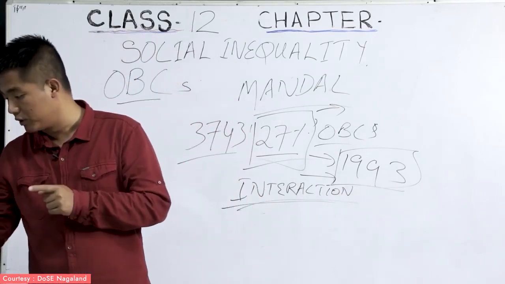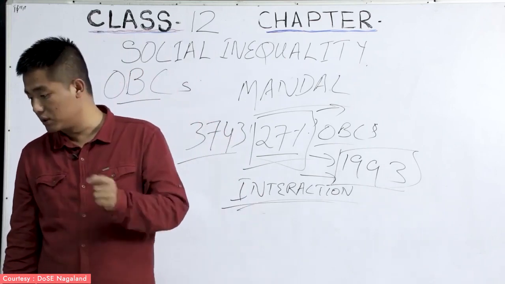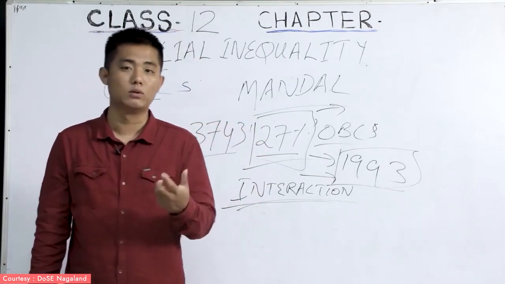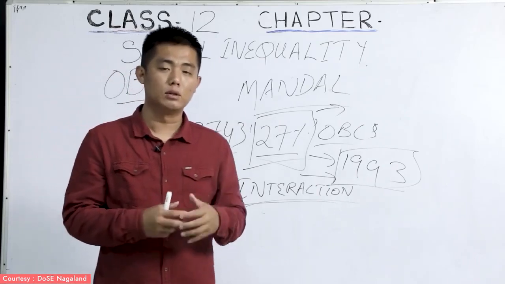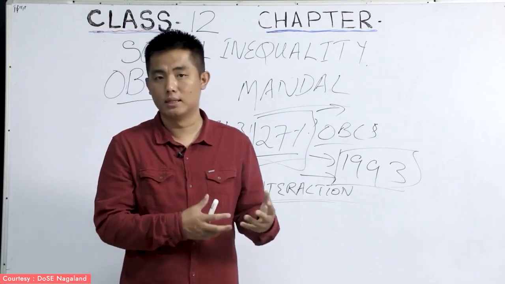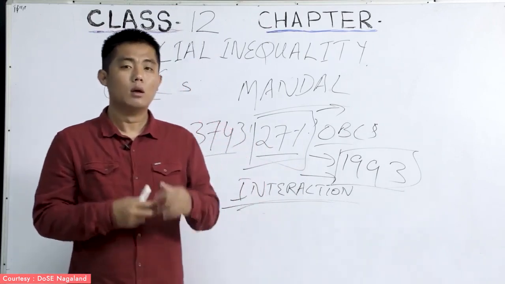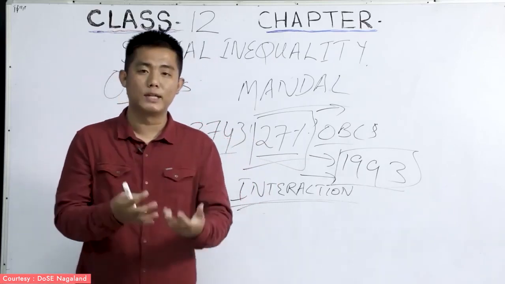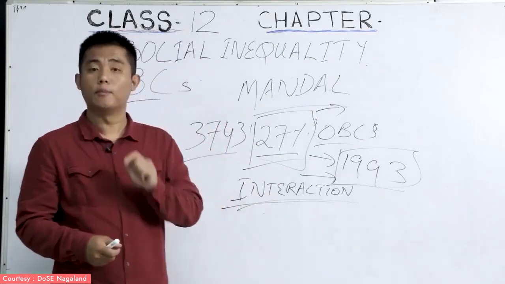The main problems of the OBCs will be found starting from page number 45 and going till page number 46, so kindly follow the textbooks as I explain those things. Now, lack of interaction. Even the women did not interact with the people belonging to the upper caste, and even the children did the same thing. But with the coming of development, reservations, and the spread of education among these OBCs, they got some opportunities.